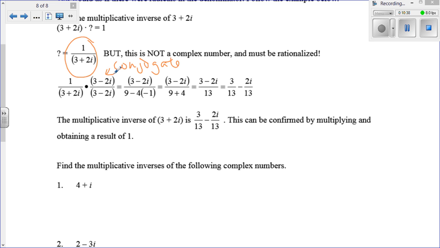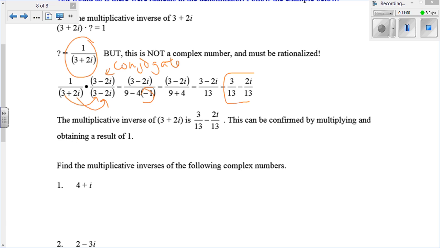And the conjugate, we only change the middle sign. In the numerator, I just get my conjugate. And in the denominator, remember, we're multiplying, get the first and the last. So 9, and then I end up with a minus 4i squared. i squared is negative 1. So that becomes plus 4. So I have 13 in the denominator.